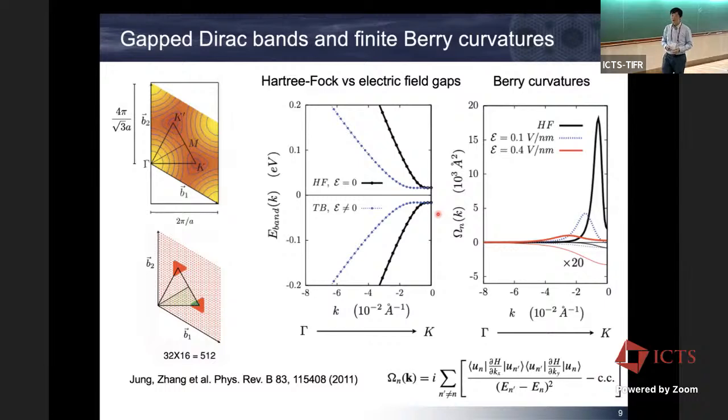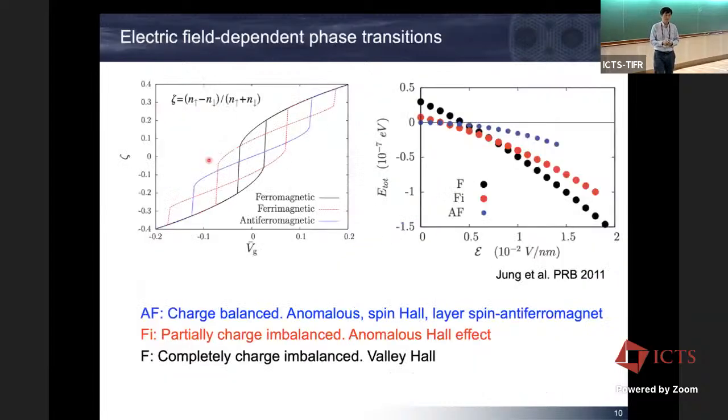And because we have 4 flavors in total, 2 valleys, K and K prime, and spin up and down, each one of those spin-valley flavors can open up a band gap and move the charge to the top or bottom layer. We get a large combination of different ground states that can be expected in this system.